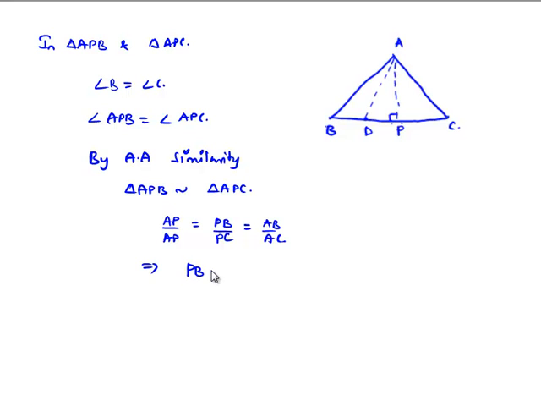So we can say that PB will be equal to PC, that will be equal to half times BC. So this is in order to prove that PB is equal to half times BC.